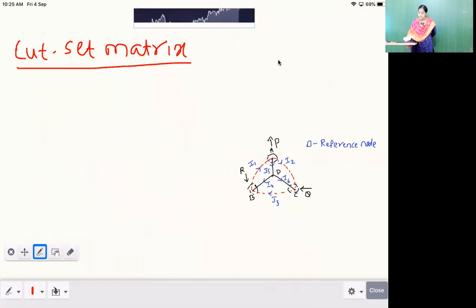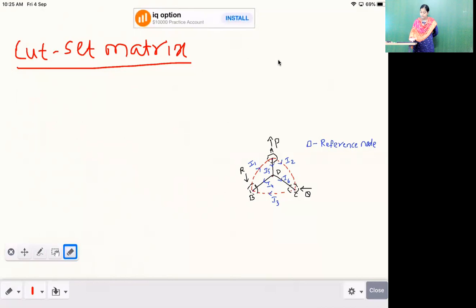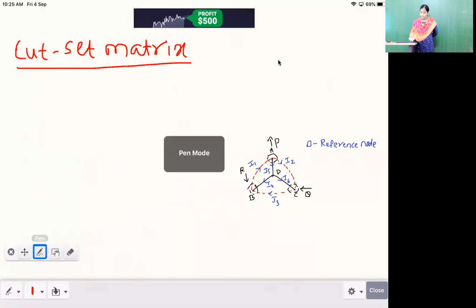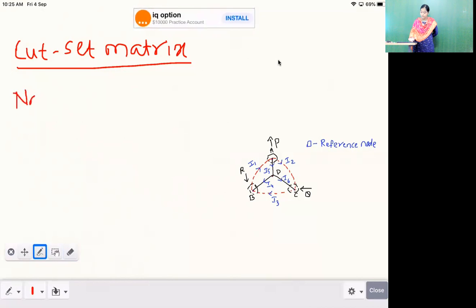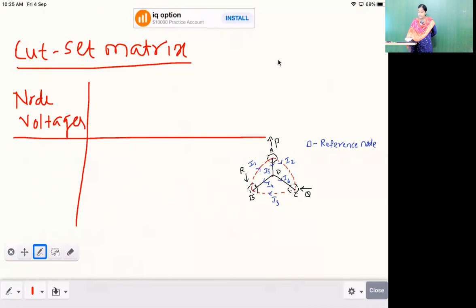Now in order to write a cut set matrix, first you have to write the node voltages here. Then to the other side you have to write the branches.